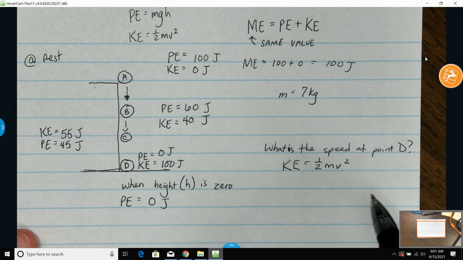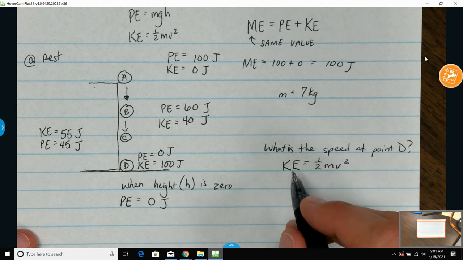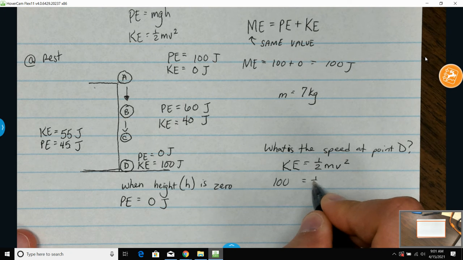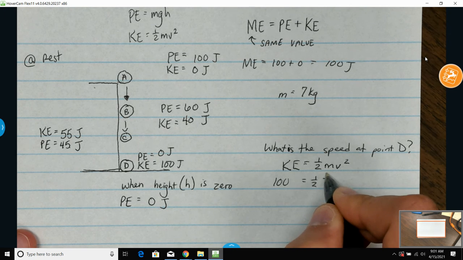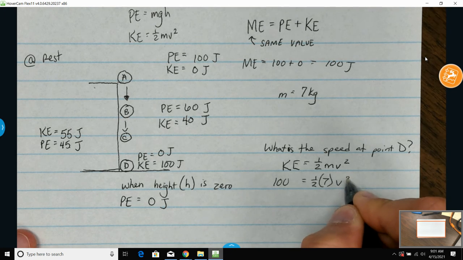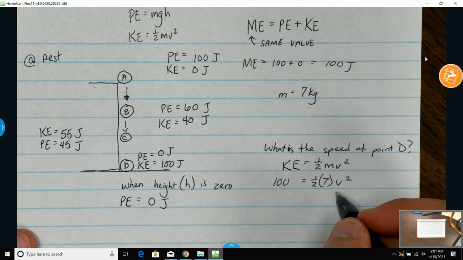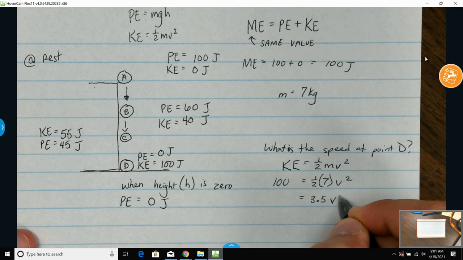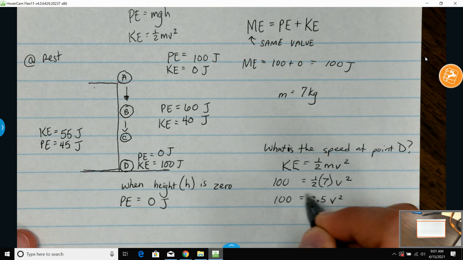And you know what the mass is, 7. The 1/2 is constant. So we're going to write 100 here times 7 times v squared. So what's 1/2 of 7? 3.5. So we have 3.5 v squared is equal to 100.